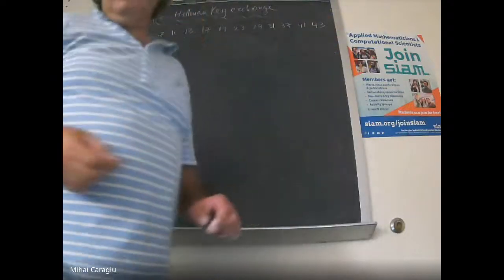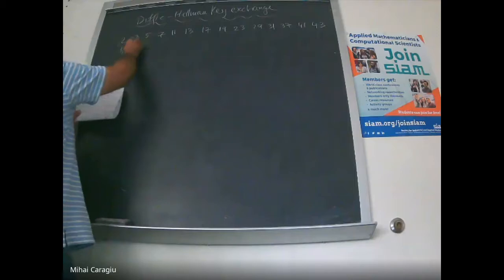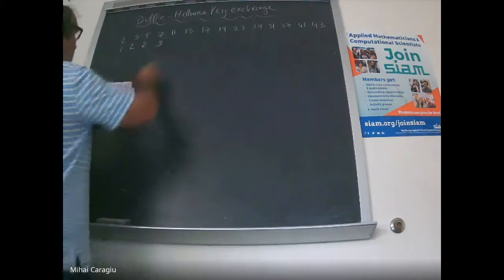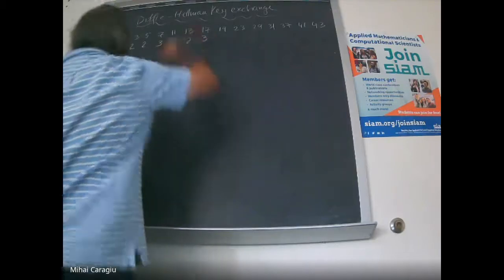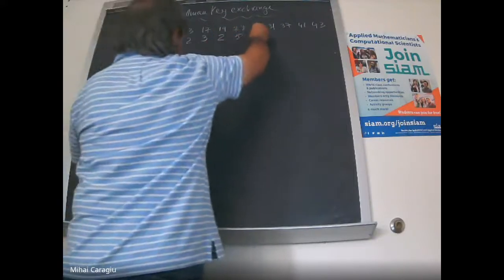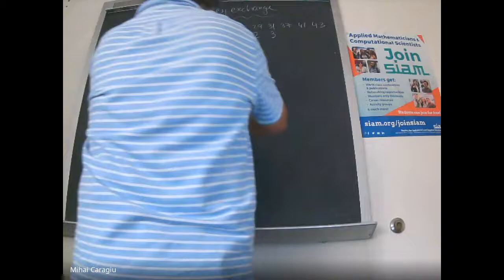Okay, the primitive roots. I'm going to list here the primitive roots of those numbers. So the primitive roots are 1, 2, 2, 3, 2, 2, 3, 2, 5, 2, 3, and 2, 6, 3.